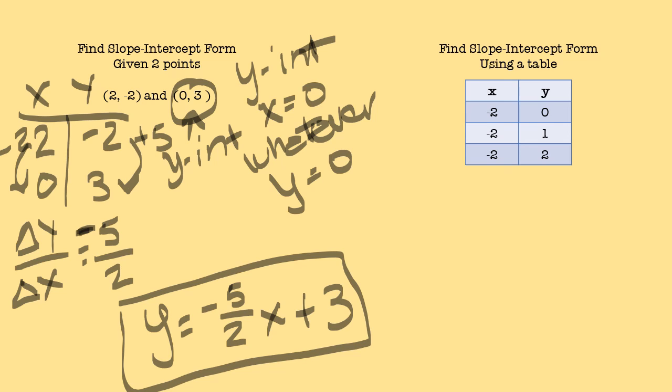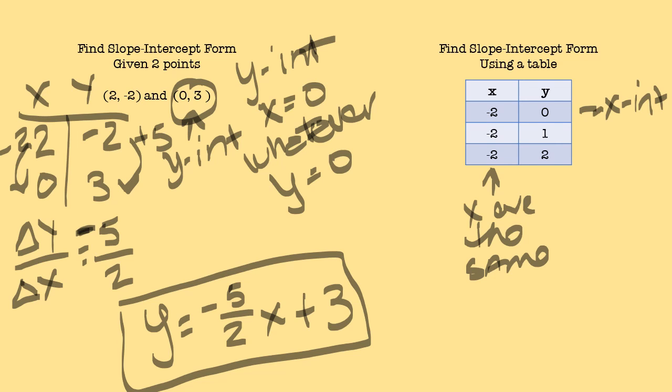Now on this other one, if we notice, all of our x's are the same. And we have a thing where it says when y is 0, whatever x is. So this is my x-intercept. Okay? And there's no way to get to 0 on this table. So this problem here is an undefined slope.